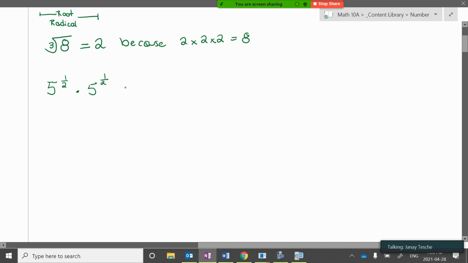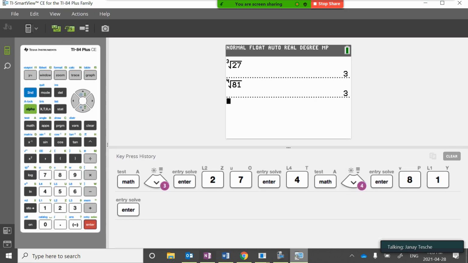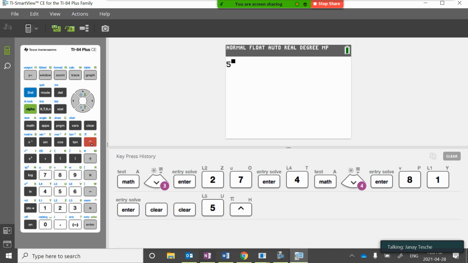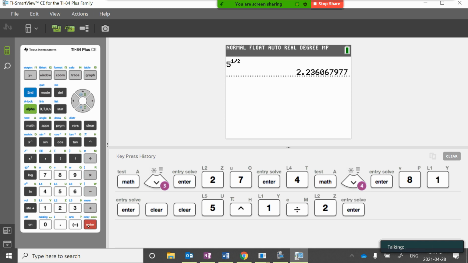Add them. Good. What's a half plus a half? 1. So that would just be equal to 5. If you wanted to put that into your calculator, you just do 5 with the little up arrow, beside your division symbol, and you can just put your fraction in there. And you get some number.